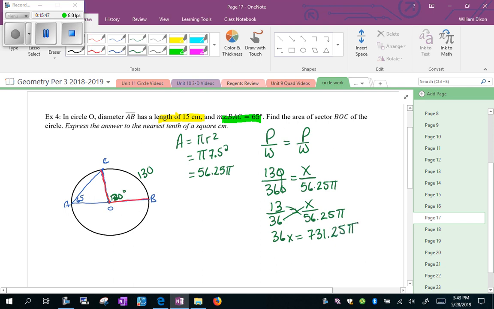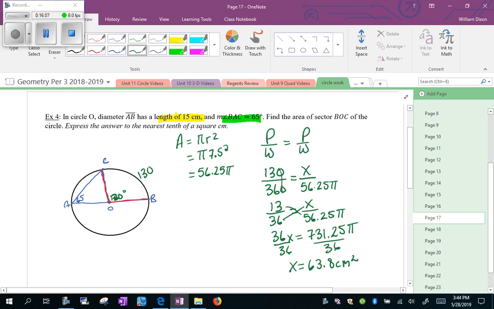I'm going to divide both of those sides by 36. And x equals 63.8 centimeters squared. Okay, not too bad.